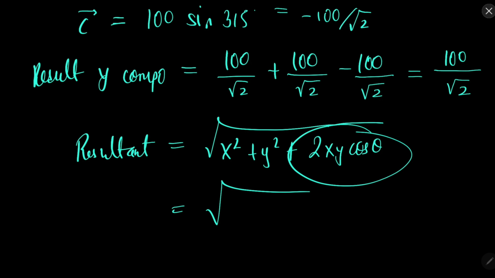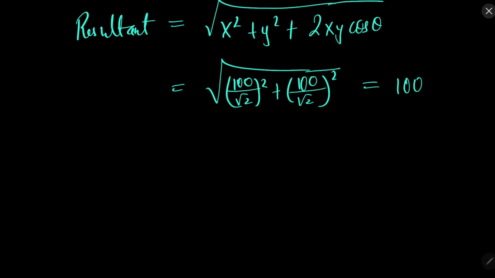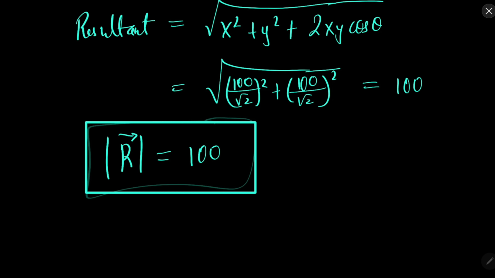So this term will be 0, since cos 90 is 0. Ultimately we will have root of (100 upon root 2) square plus (100 upon root 2) whole square. After solving, what you will get is 100. So the magnitude of the resultant vector will be 100 units.